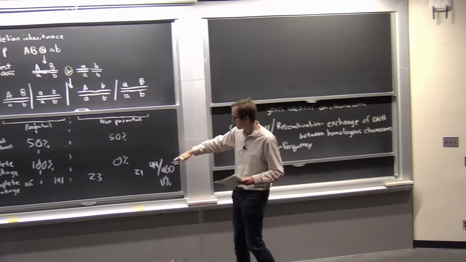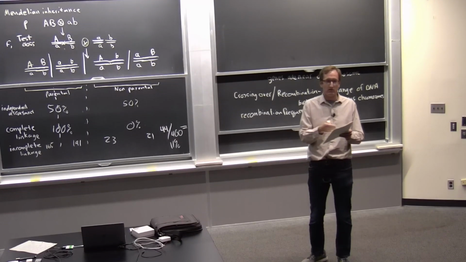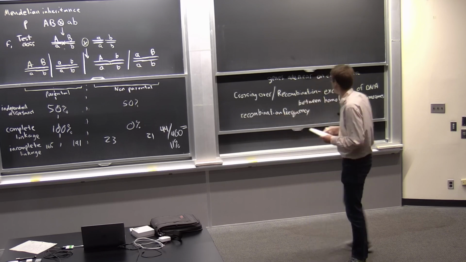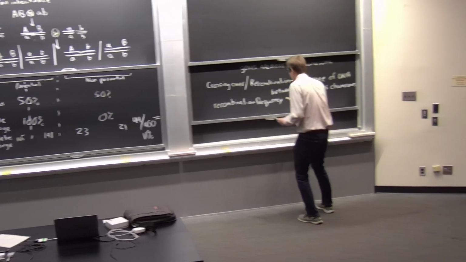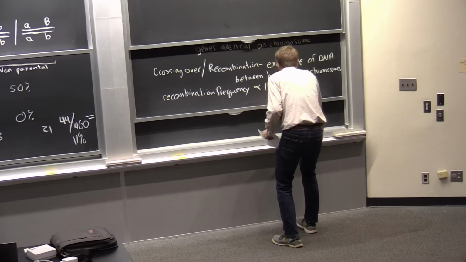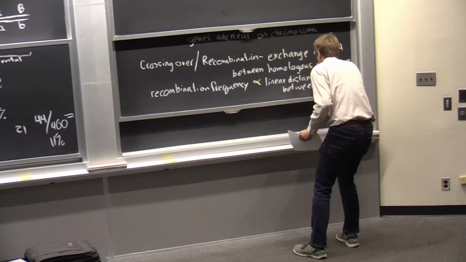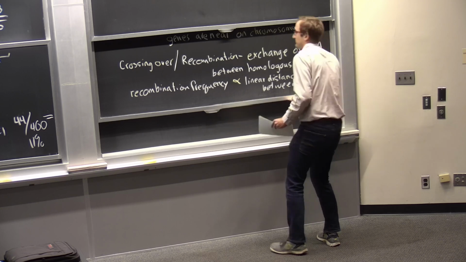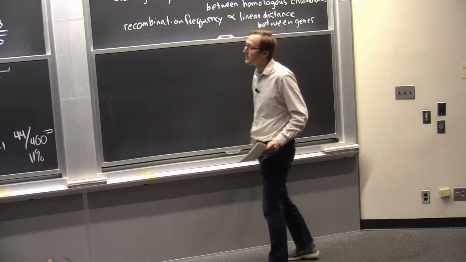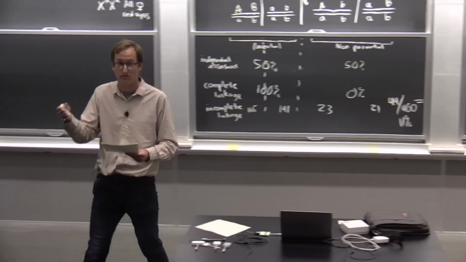Now, this frequency is interesting because it is proportional to the distance that separates these two genes. Okay? So this recombination frequency is proportional to the linear distance along the chromosome between the genes. Now, it also depends on the recombination frequency in a given organism or in a given part of the chromosome.